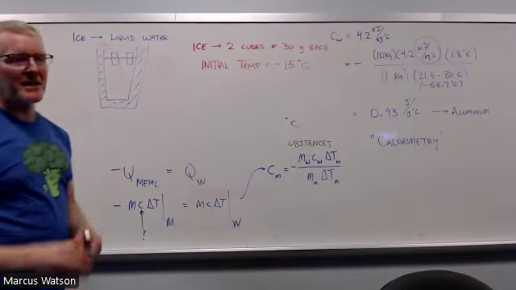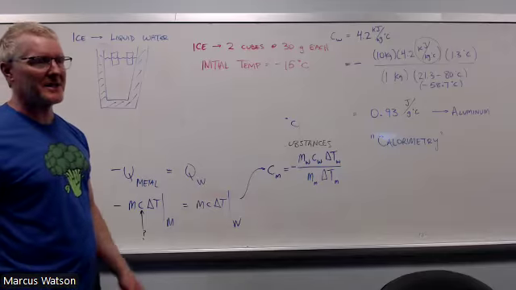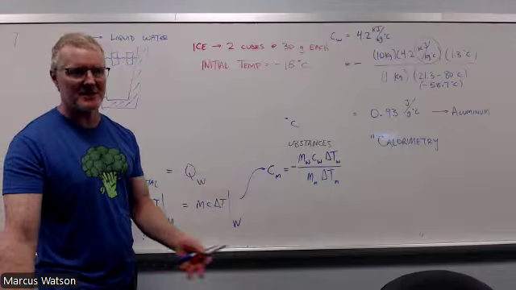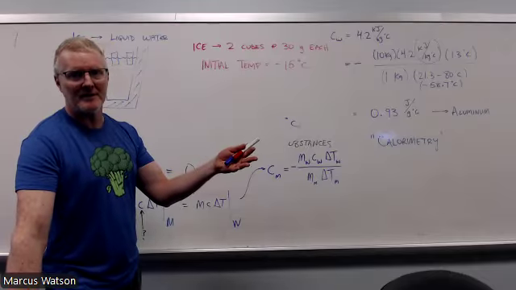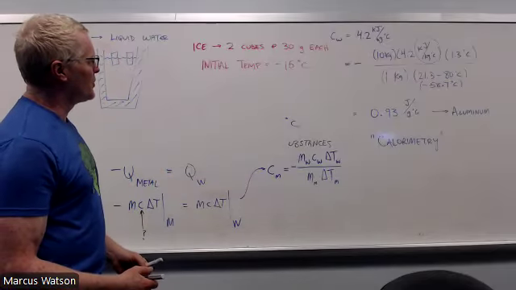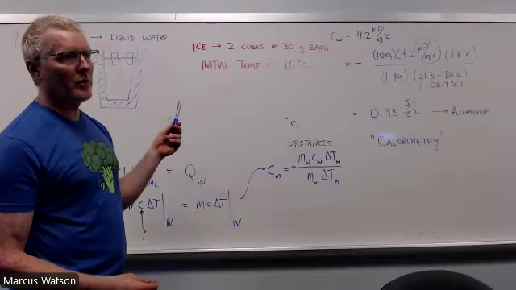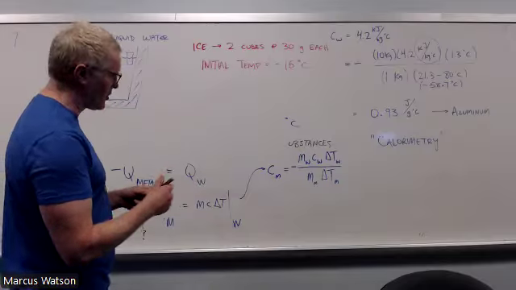It's out of the freezer, and the freezer's job is to make ice, so its temperature has to be less than 0, because if it was 0, then the liquid would just cool down to 0 and still be a liquid, right? It has to continue to take heat out. So let's do that. We can look up what the specific heat of ice is, so we'll call that a known.